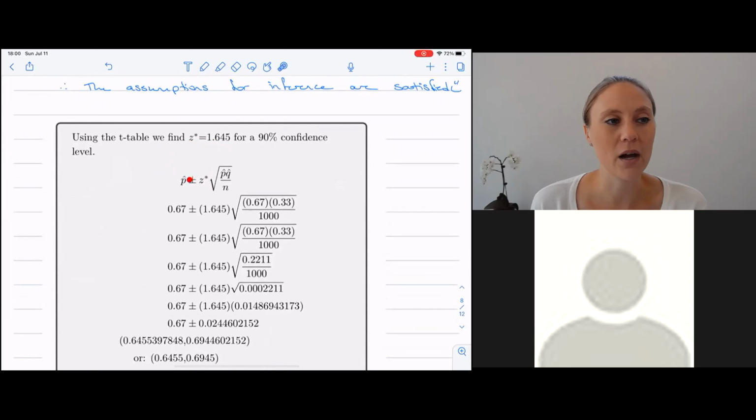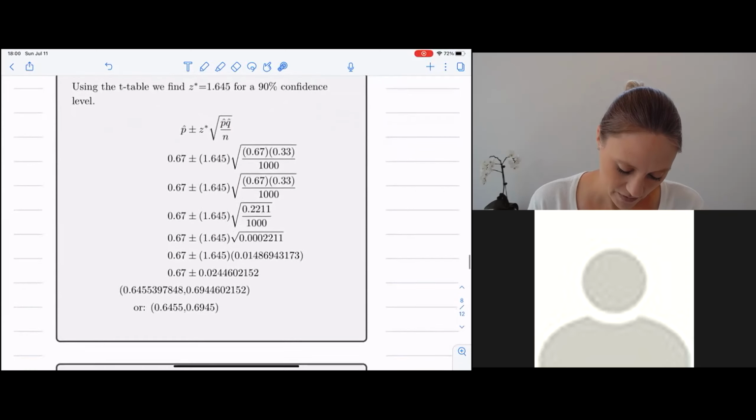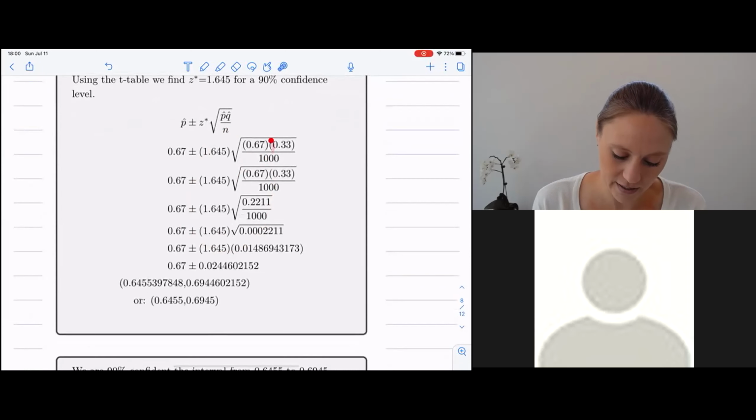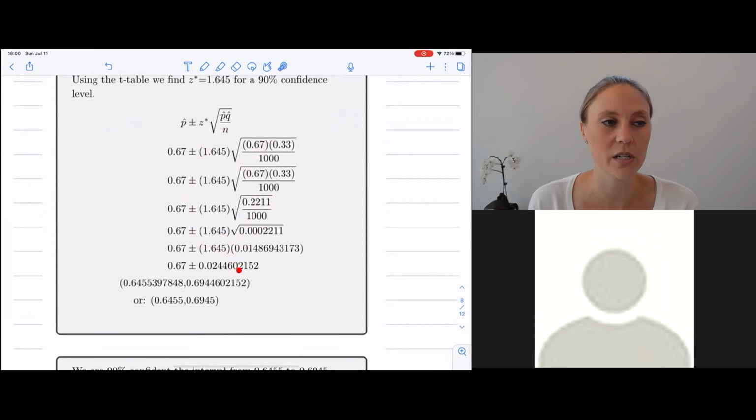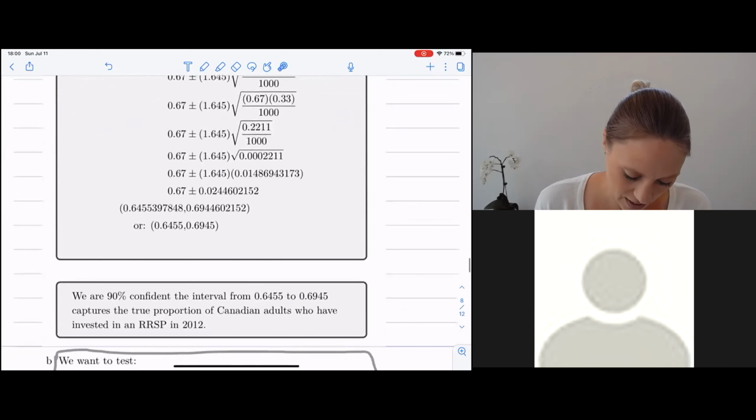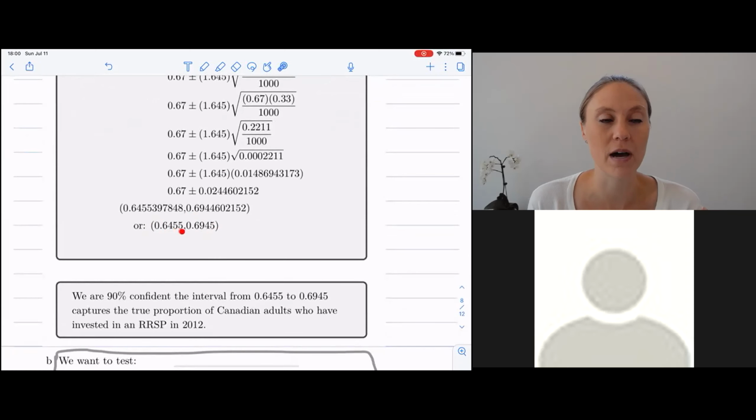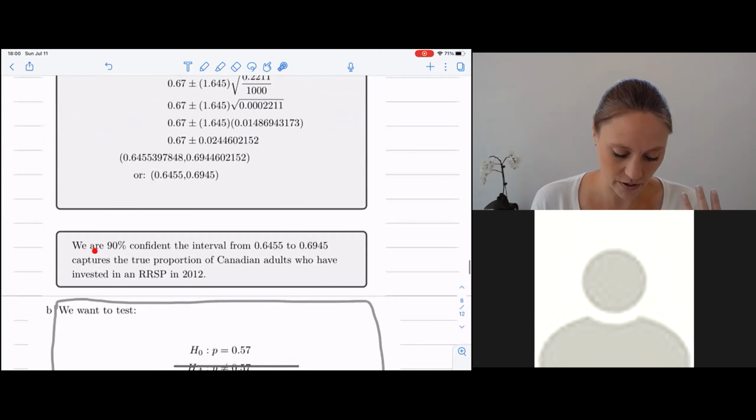And now remembering that p hat is 0.67, you can just plug in your 0.67 everywhere, and slowly, methodically work through this square root here. Where we end up is with a confidence interval from 0.6455 to 0.6945. That's half the battle, right? Half the marks. And then we have to interpret it.